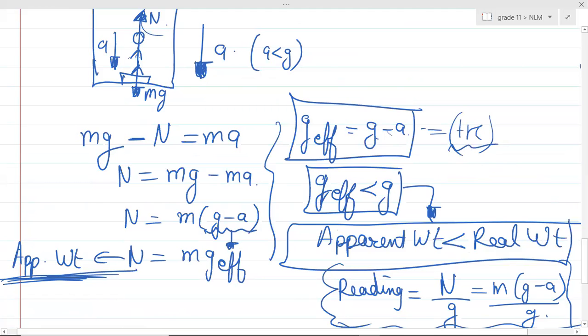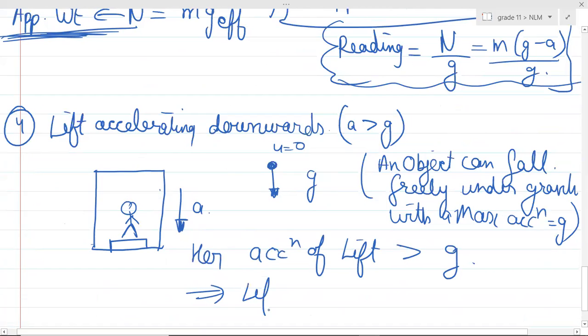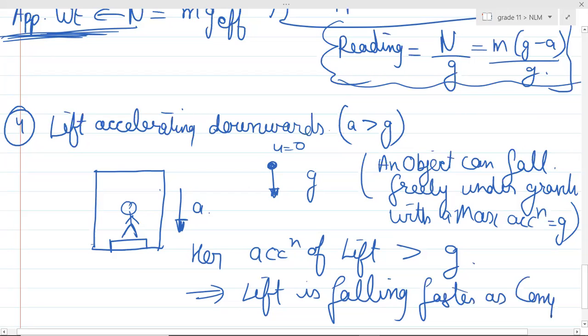So when acceleration of the lift is greater than g, this implies that the lift is falling faster as compared to the guy.